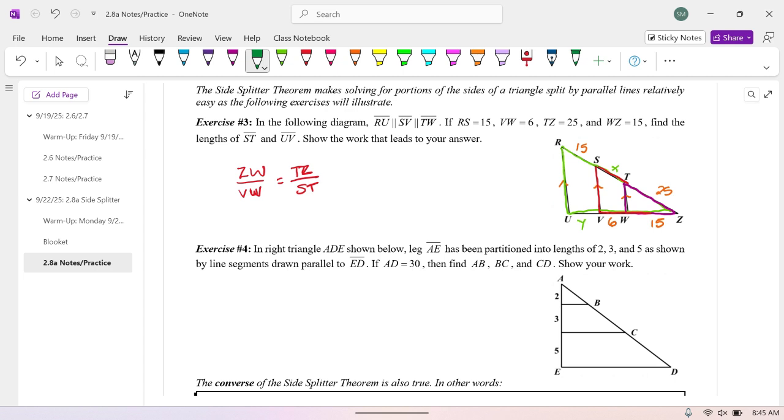We already have all of these values except for one. So if I substitute everything in, it'd be 15 over 6 is equal to 25 over x.